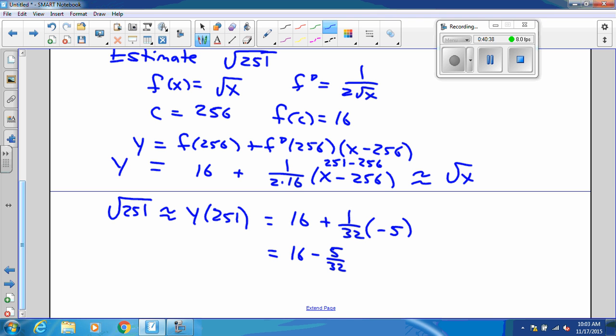And a quick four-function calculator can do the trick for me here. And I get 15.8438. How close is that to the actual square root?